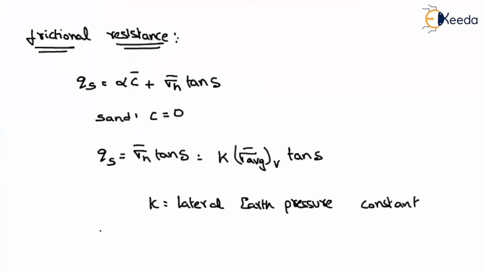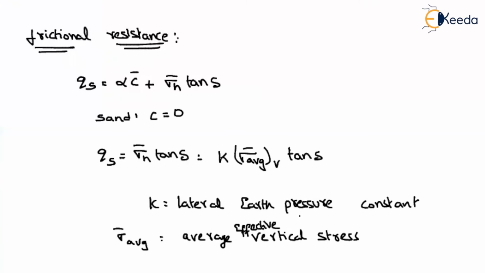What about sigma bar average? That will be equal to the average vertical stress. As we are talking about sigma bar, we have to talk about the average effective vertical stress. What about delta? That will be nothing but the friction angle. So this is the frictional resistance of a pile in sands.